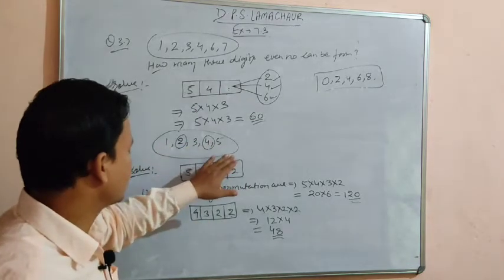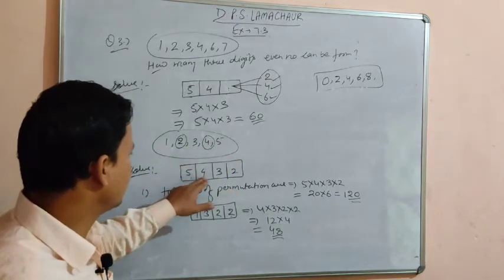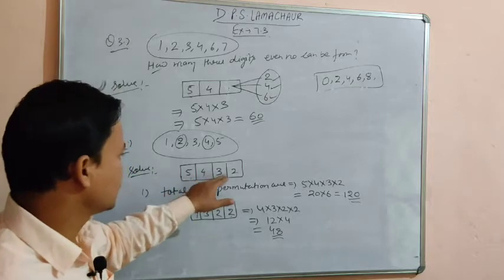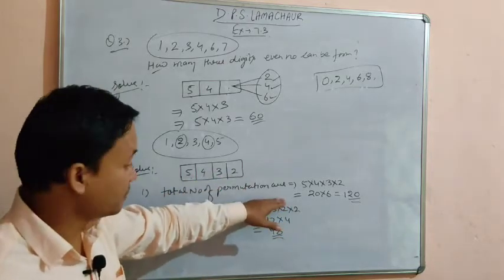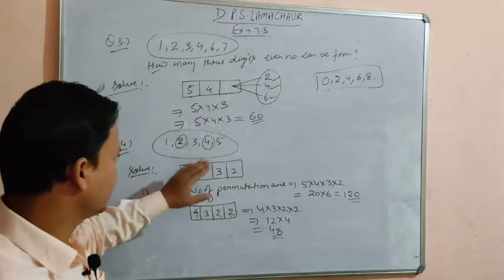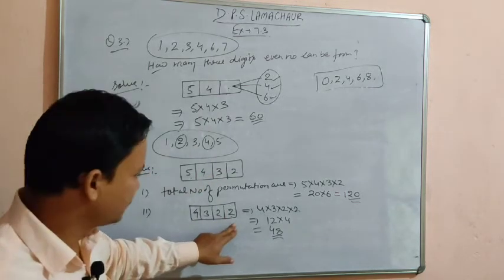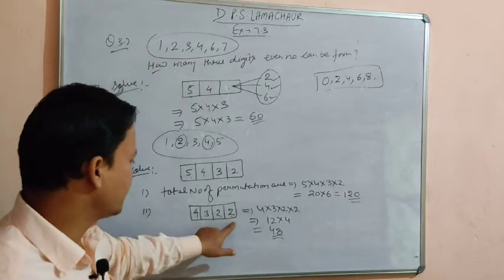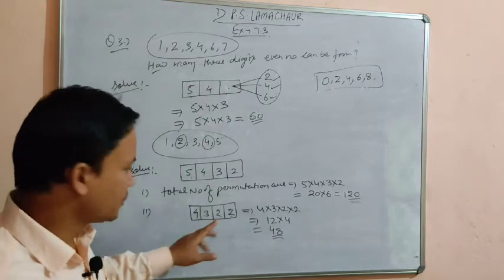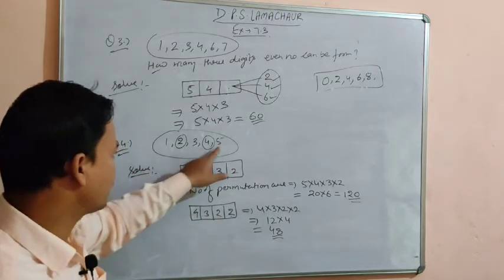1, 2, 3, 4, 5 are the options we have. So 5 into 4 into 3 into 2, 120 is the total number of permutations. And for even numbers, we have only 2 options to fill the unit place. After fixing one number here, one option is reduced to fill this box. So 5 options are there.